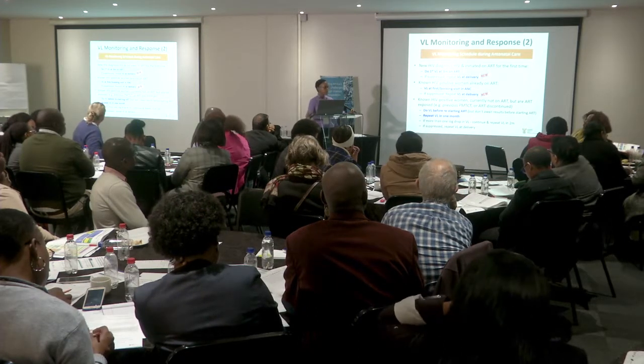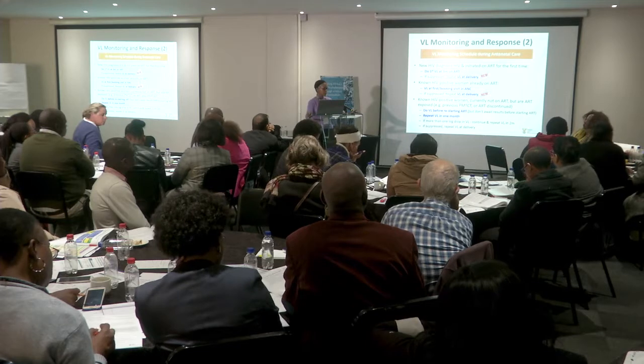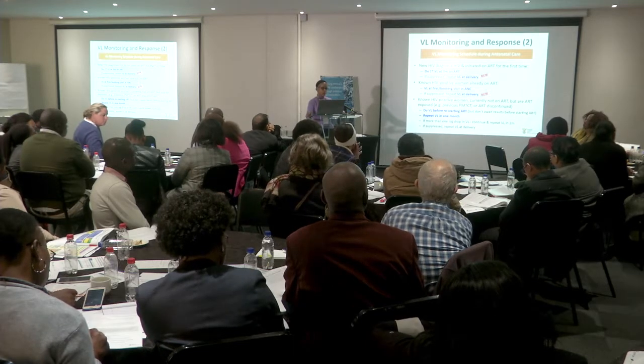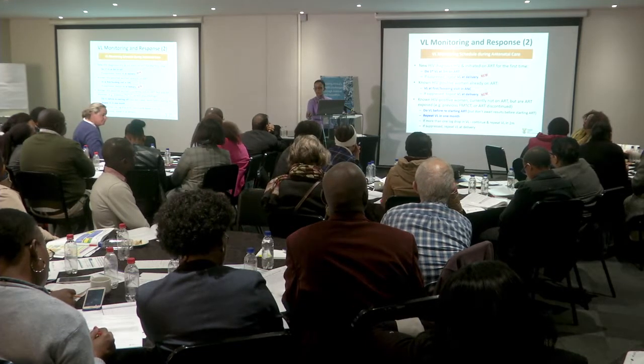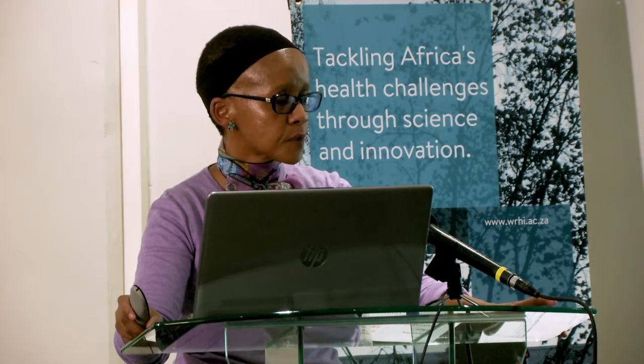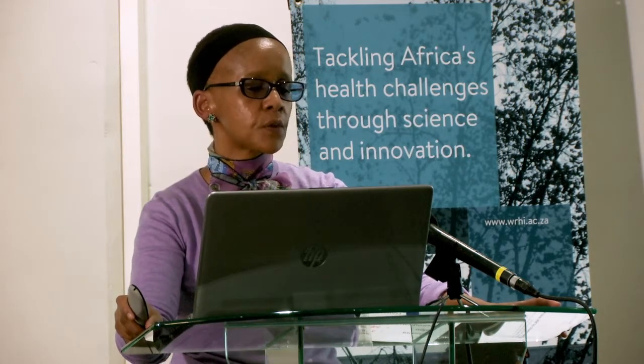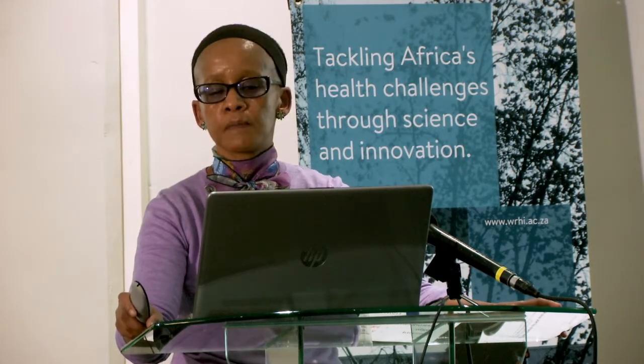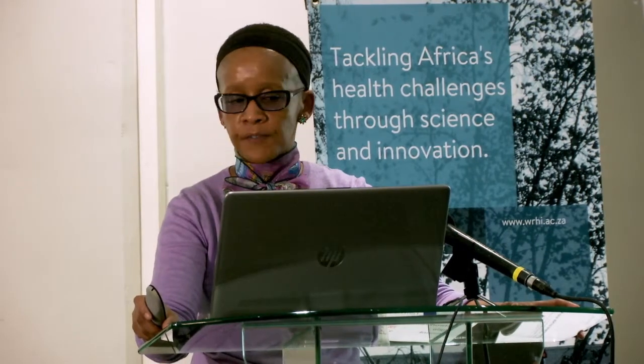If somebody is already known positive, we're still doing the same thing, is that you do a viral load at booking and you repeat the viral load at delivery if they are virally suppressed. And in somebody who's had previous exposure to ARVs, either through PMTCT or she discontinued her ARVs, then you must do a viral load before you reinitiate treatment.